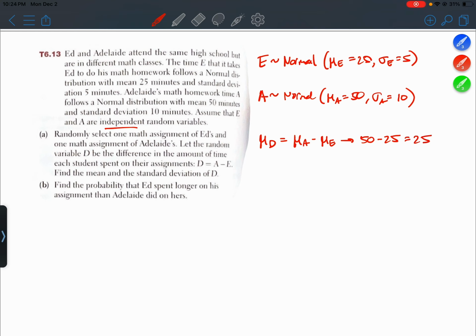All right, to find the standard deviation of D, it's not so straightforward. So first let's go through a couple of common mistakes that students will make.